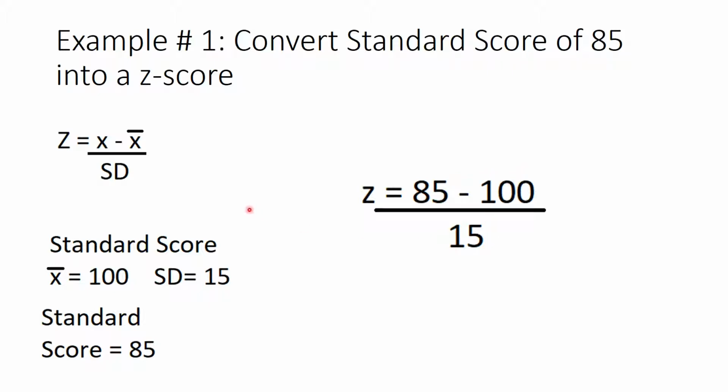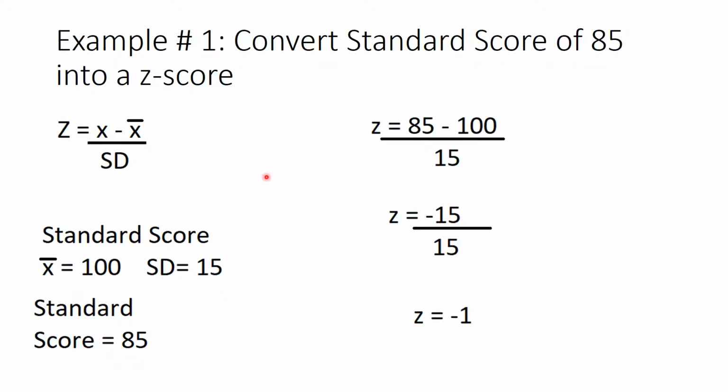And once again, we are plugging in the score we want to convert into a z-score, 85 for the x right here. We're plugging in the mean of standard score right here, and we're plugging in the standard deviation of standard score right here. And that is because this x right here is a standard score type of score. So that's why we've got to plug in the mean for standard score and the standard deviation for standard score.